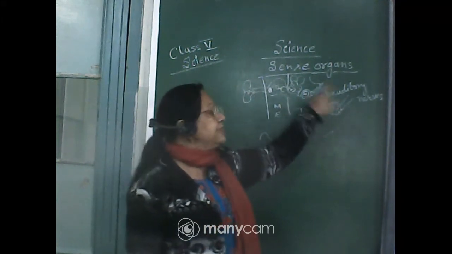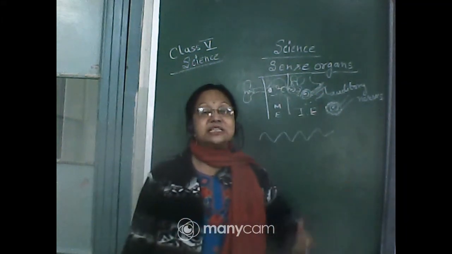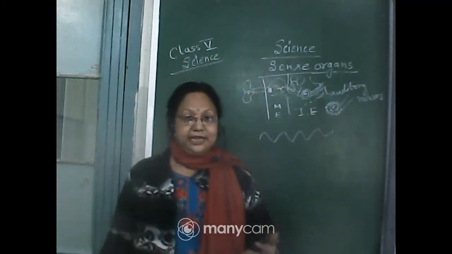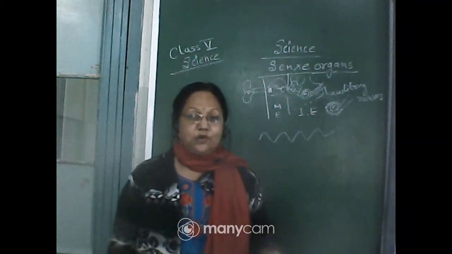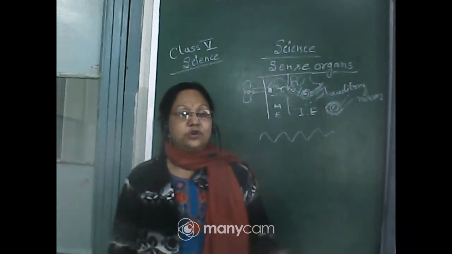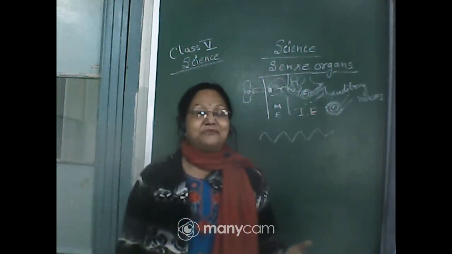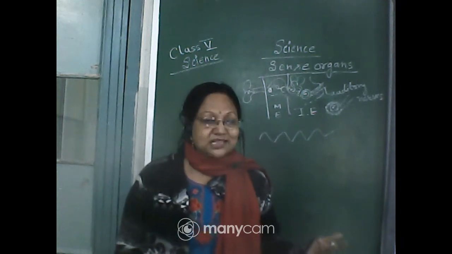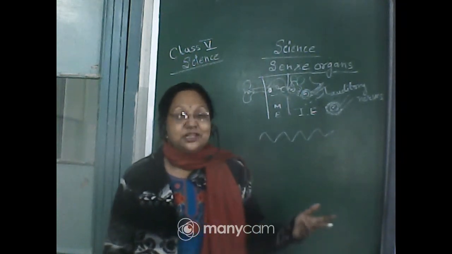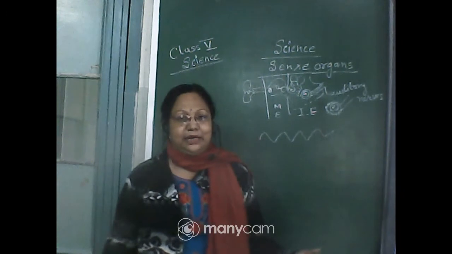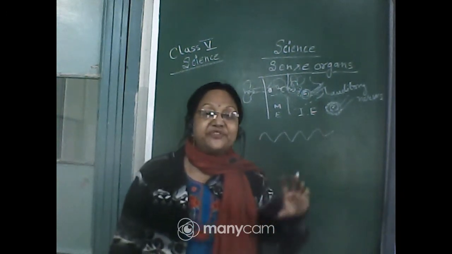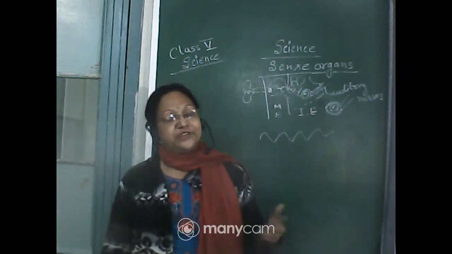Clear? So the brain receives the messages about which kind of sound I am listening to, whether it is the sound of a drum, a violin, Priya ma'am, our maths ma'am, or any Jannat, Jehan, anybody. There are different frequencies for different children.